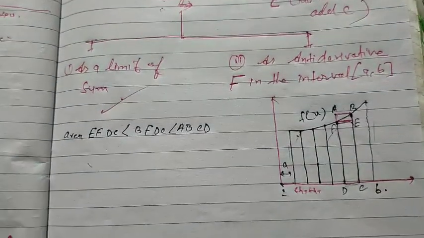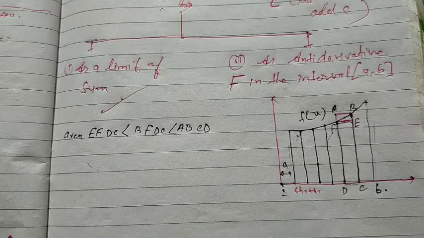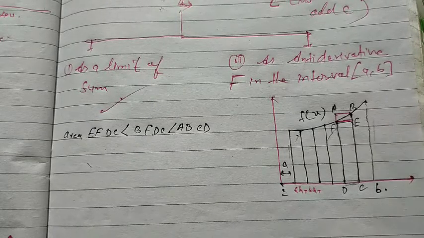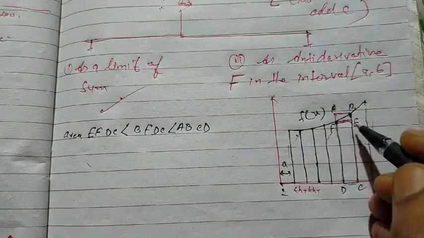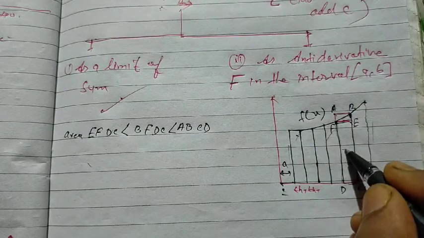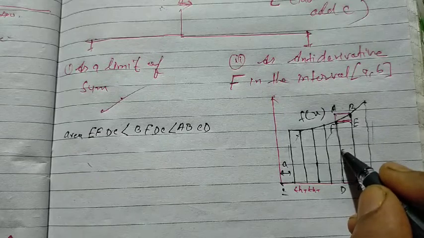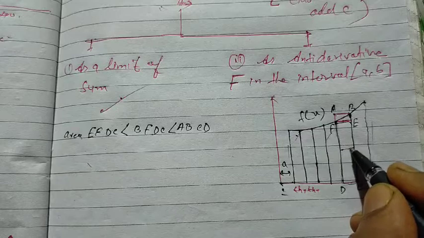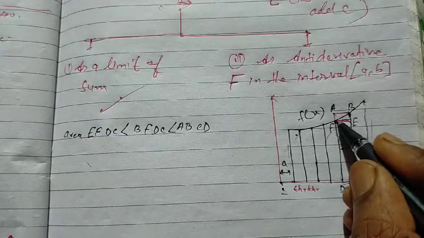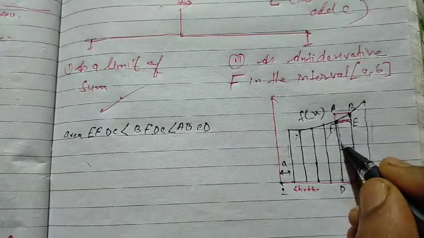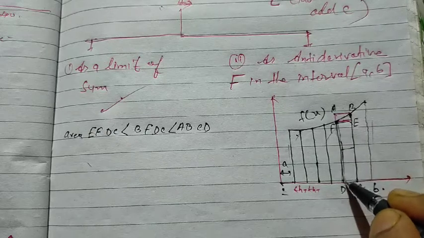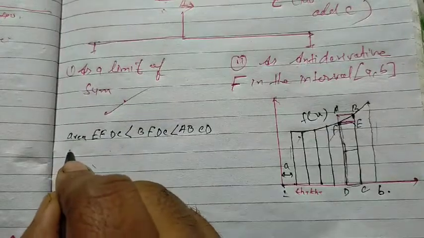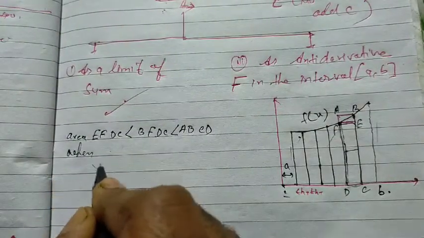But we don't have a formula of this kind of figure. It is not a rectangle. So when will it become a rectangle? Just imagine, when this distance h becomes very less, then this will be one very thin rectangle. Yes or no? You can imagine.